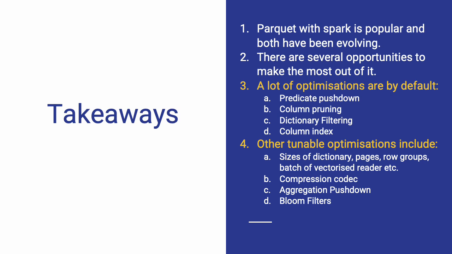We can use a compression codec different from the default of Snappy. Zstandard is quite promising, something we can try out. We can push down aggregations. Again, not in all cases, but in a lot of cases, not only with Parquet file, but with the JDBC source as well. And even for Parquet file, we can take advantage of aggregation push down with different data types.